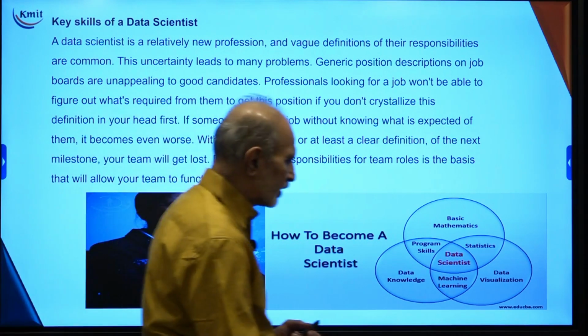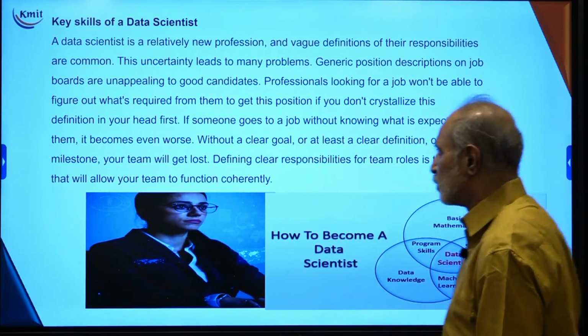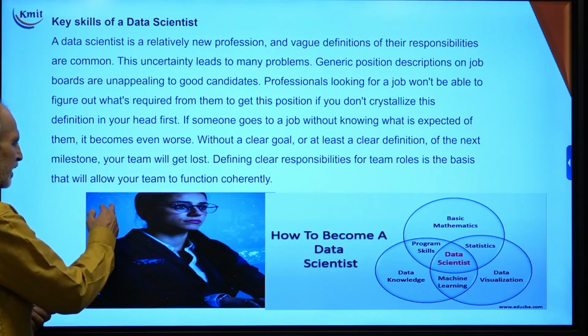So, without a clear goal, or at least a clear definition of the next milestone, your team will be lost, and defining clear responsibility of the team makes the role easy and functional too.